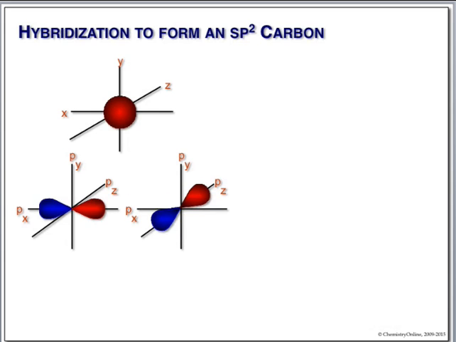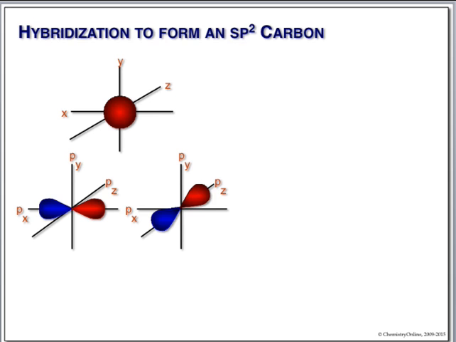In order to form our carbon-carbon double bond with trigonal geometry, we need 3 orbitals to work with, okay? We're going to use 1 S and 2 of the P's. We will call the trigonal hybridization sp squared, sp2, okay?